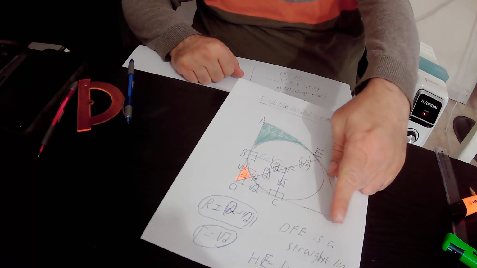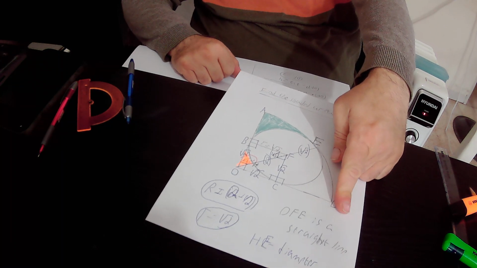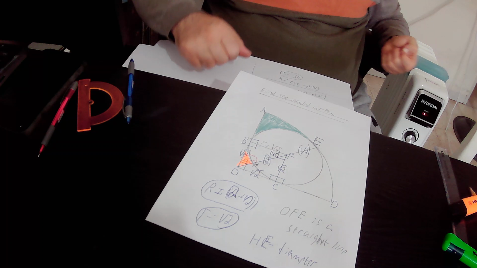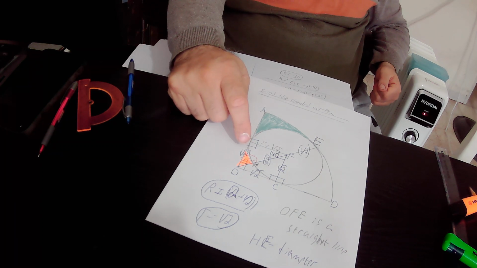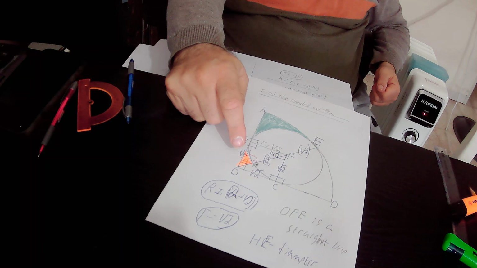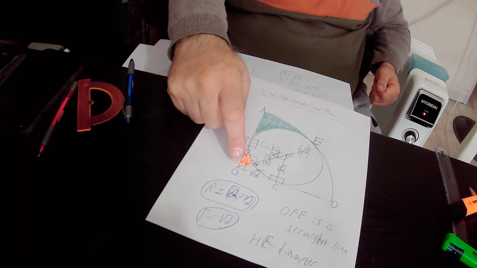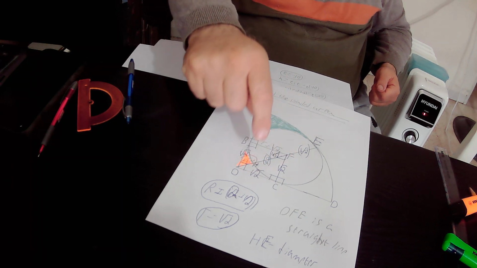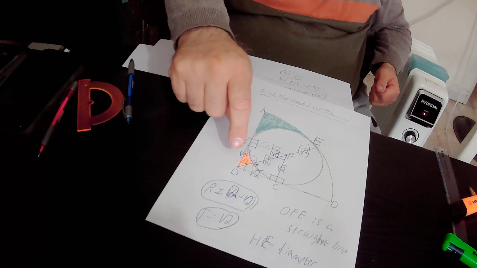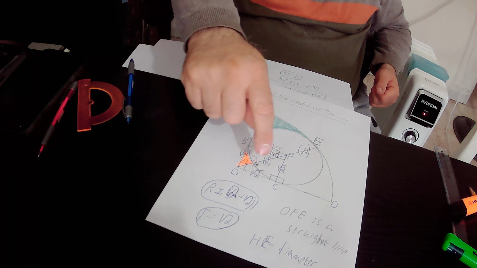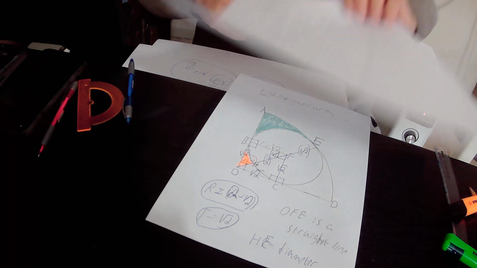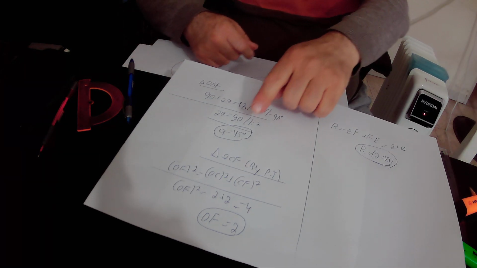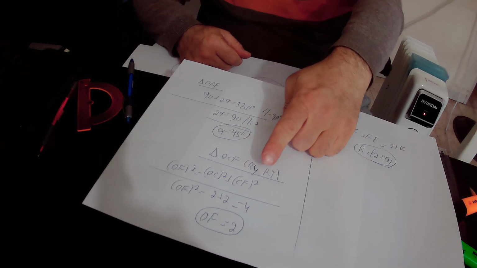Here we also implemented the Pythagoras theorem in the right isosceles triangle OFC. According to the Pythagoras theorem, OF square equals CF square plus OC square. Repeat again. In the right isosceles triangle OFC, OF square equals OC square plus CF square.